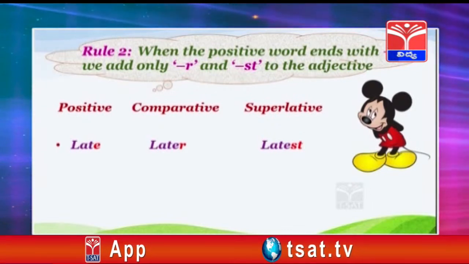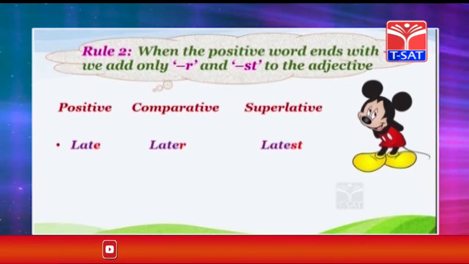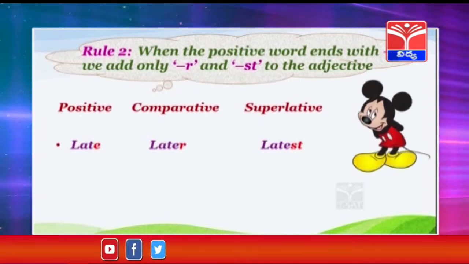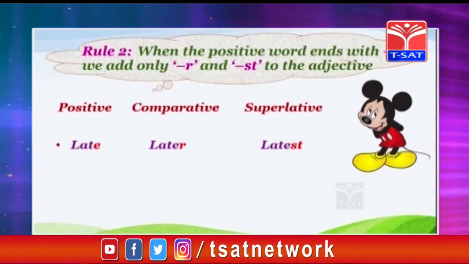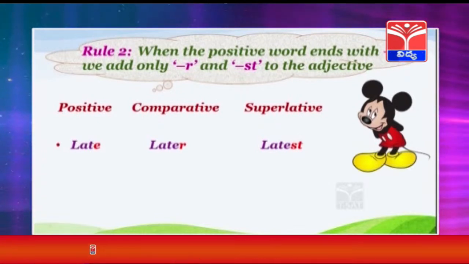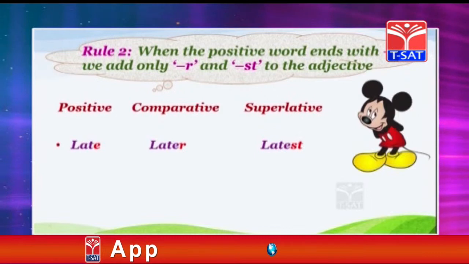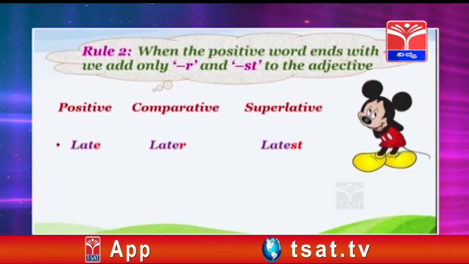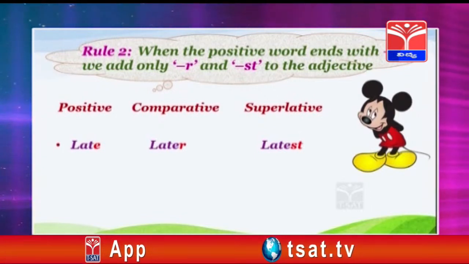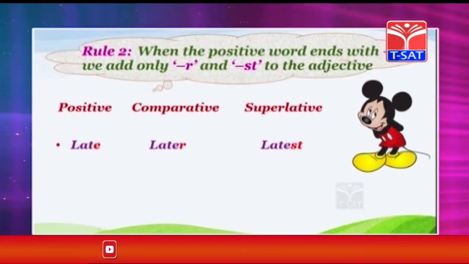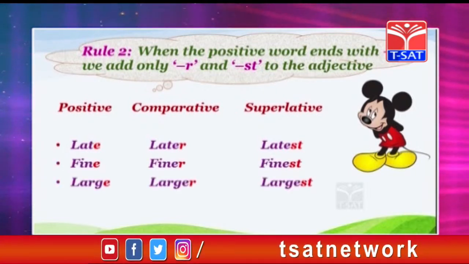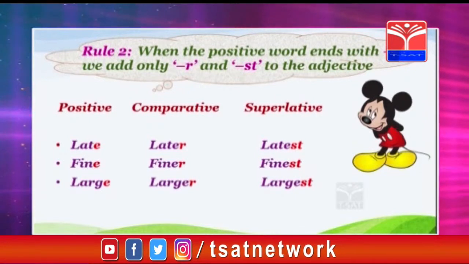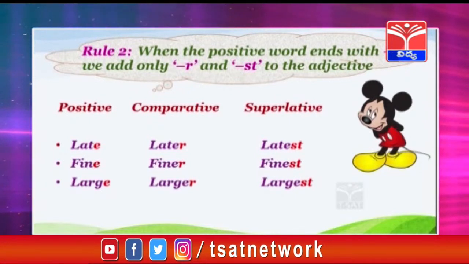For example, the positive word late ends with the letter E, and when it changes to comparative degree, we add only the letter R, and in the superlative degree, we add only ST. But in the previous rule, we learned that if we add the letters ER, it becomes comparative.